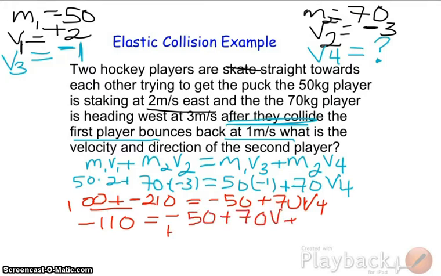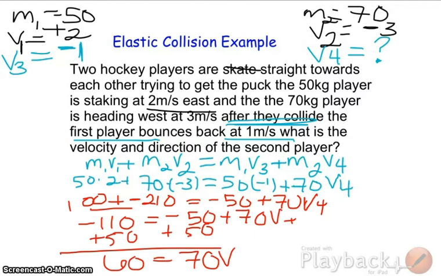Add 50 to both sides, and you get -60 equals 70 V4. So -60 divided by 70, because you got to divide 70 by both sides, and you get 0.86.